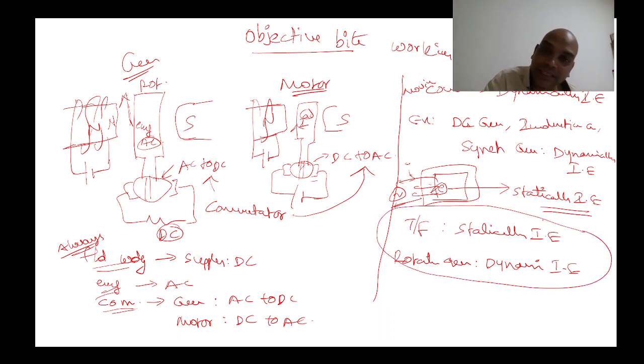In all rotating generators, which may be a DC generator, synchronous generator, or induction generator, the EMF induced in the coil is dynamically induced EMF. Is it clear? That is when there is a rotating part. But the EMF induced in the transformer coil is statically induced EMF.